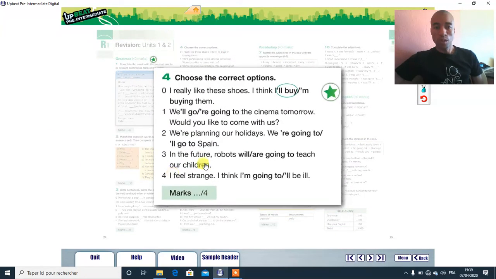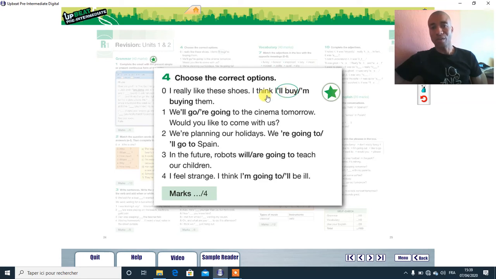Now, number 4, choose the correct options, and we have an example also. I really like these shoes. I think I'll buy them. Okay, so as we said in the previous lesson, will and going to, then present continuous for future arrangement.